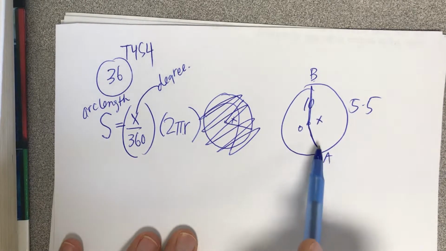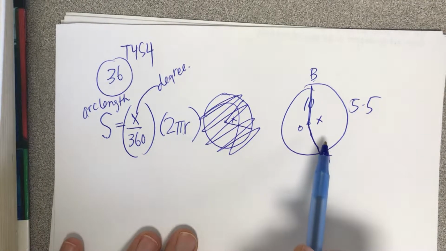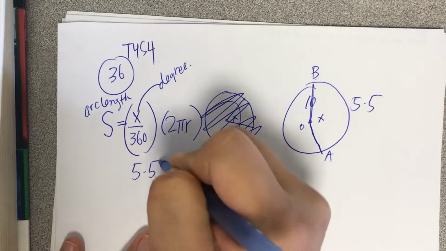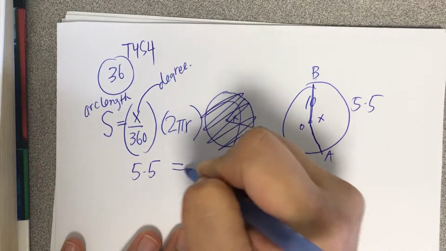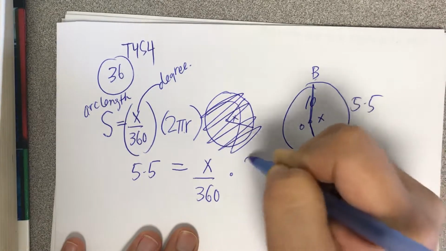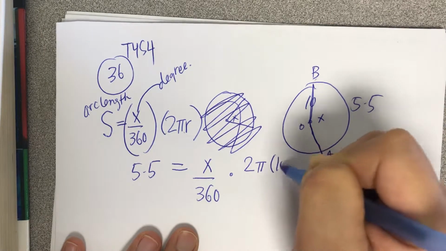We said that our arc length has to be somewhere between 5 to 6, so we chose 5.5, okay? And that's going to be equal to X over 360 multiplied by 2 pi, r is 10.